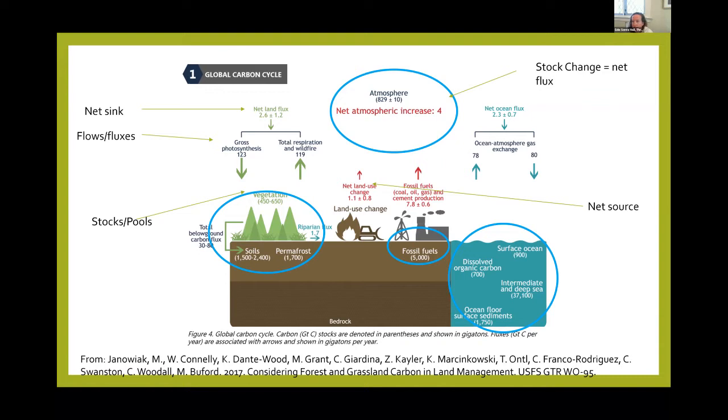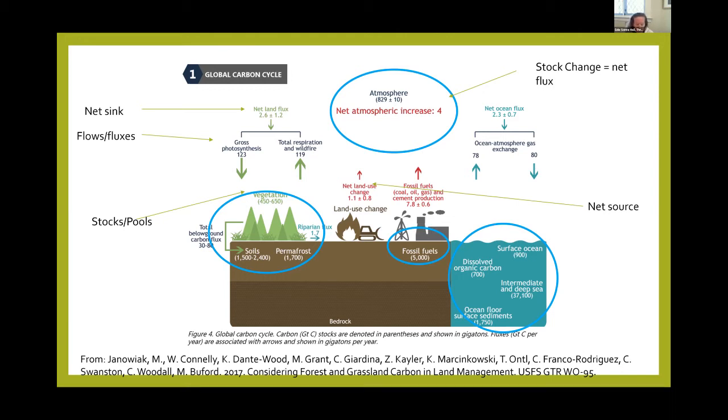So the more there is in the ocean, you want to have an exchange such that there's the same amount in each pool, relatively speaking. The land atmosphere exchange, we know all about this. Photosynthesis: vegetation takes in carbon dioxide when it grows and then releases it upon either decomposition, decay, or combustion.